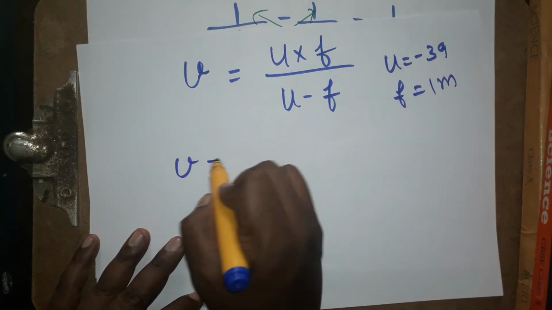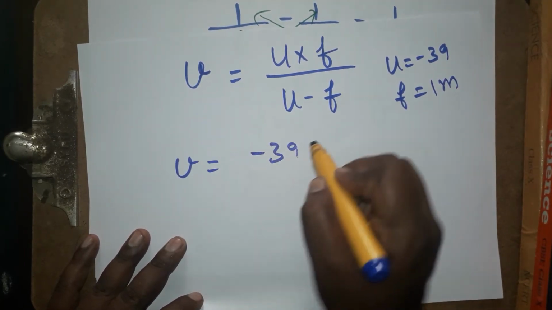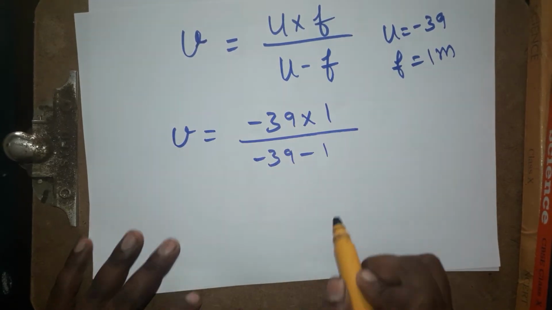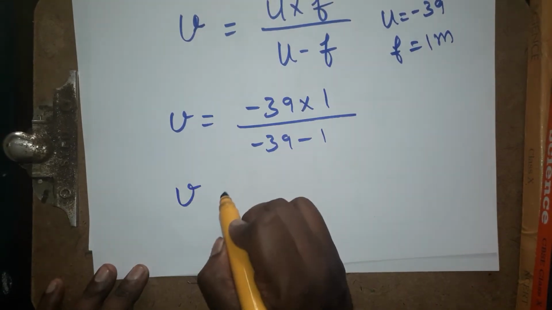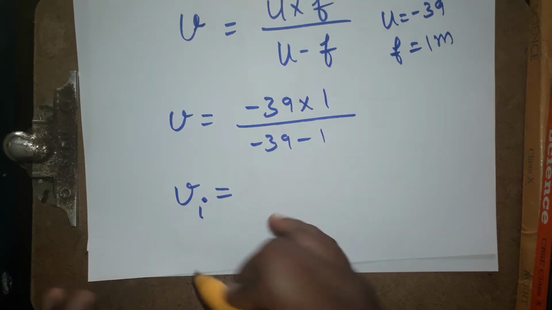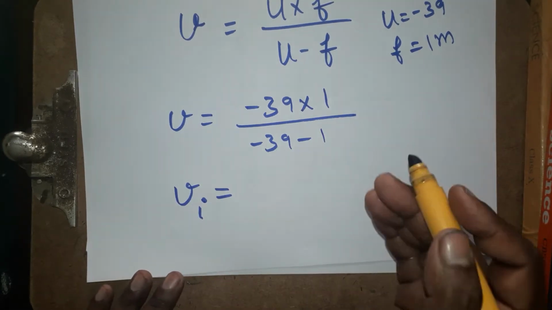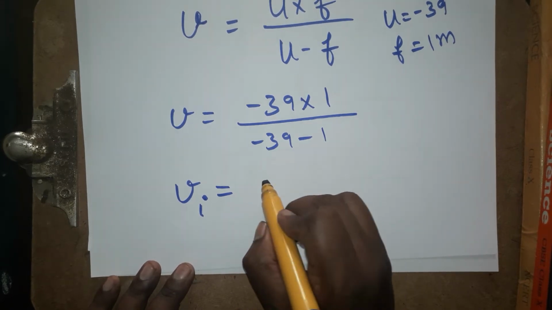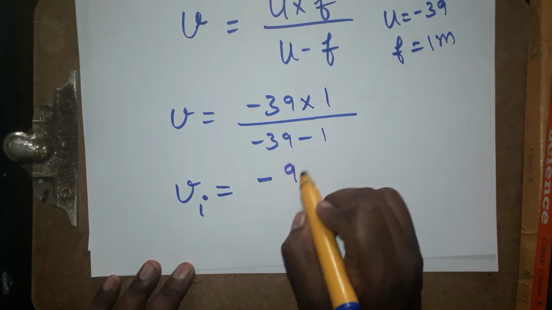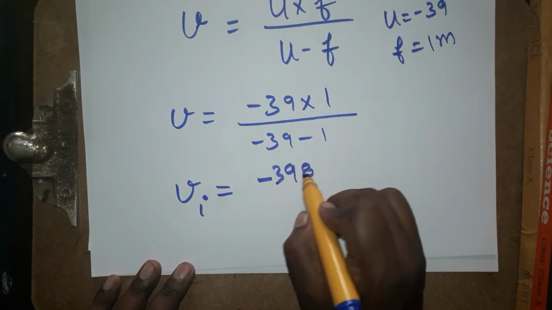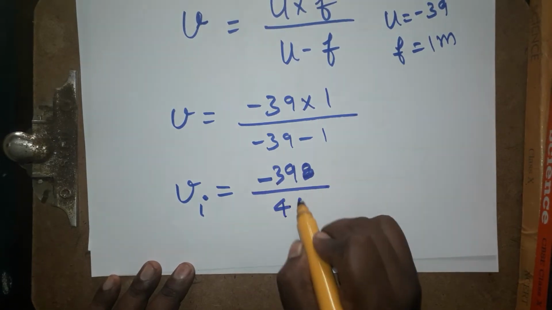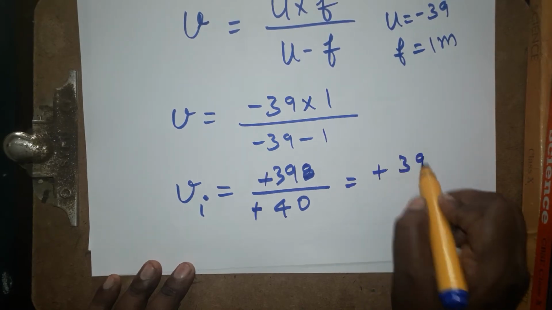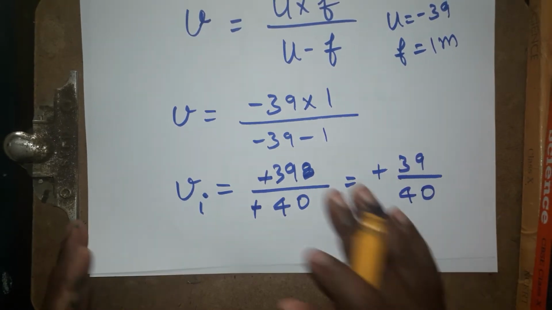So we get minus 39 into 1 divided by minus 39 minus 1, which is minus 39 divided by minus 40. Plus, plus gives plus, so v is plus 39 divided by 40, which is the initial image distance.